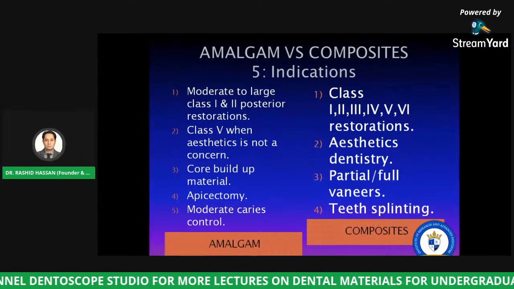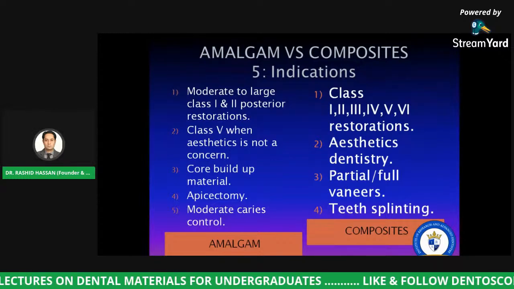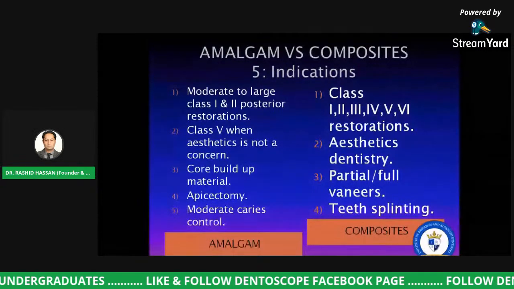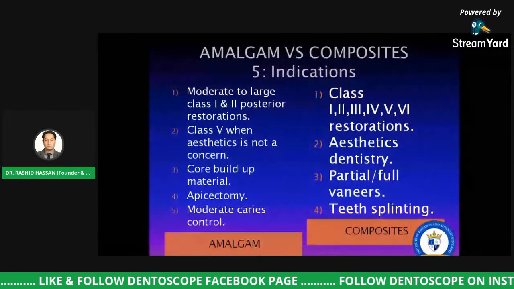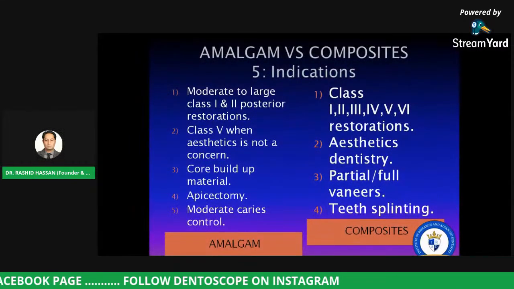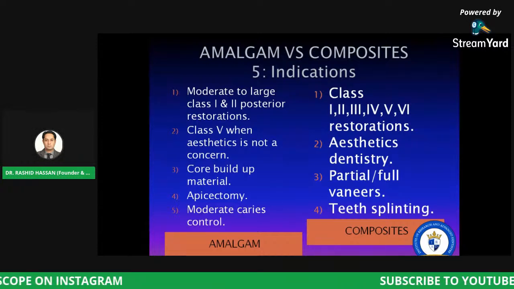Now let's talk about the indications of dental composites. Well, dental composite is indicated in all the six classes of GV Black's classification of dental restorations. Class 1, 2, 3, 4, 5, and 6. All these cavities can be filled with dental composites.